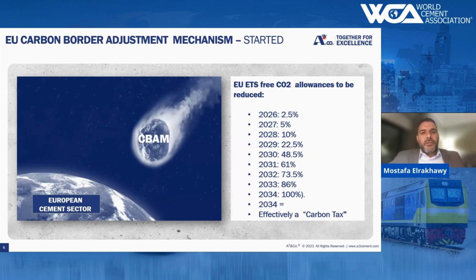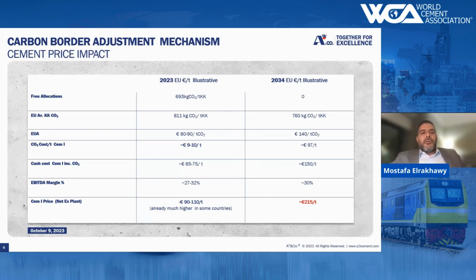And starting from 2026, as Dan was mentioning, up to 2034, the allowance will start to decrease until the allowance is 100% taken off in 2034. So what is the impact on the cement industry?